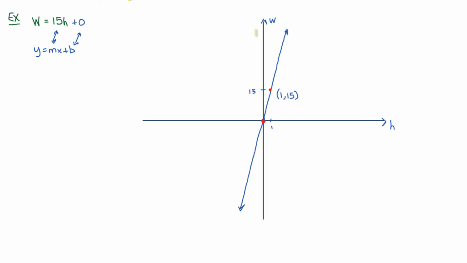Super important, because when somebody hands you graphs and they want to know, are these variables directly varying with one another, or directly proportional, or directly related, whatever language they use, you could quickly determine if they are or are not directly related or directly proportional or varying directly with each other just by looking at it and saying, oh, it's a line that goes through the origin. If it doesn't go through the origin, they're not directly related or proportional or varying.